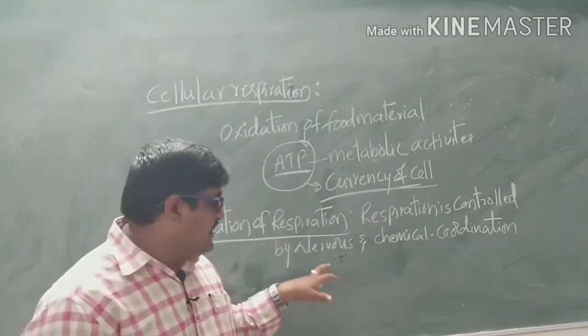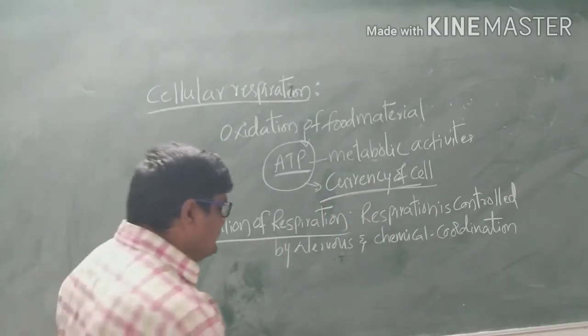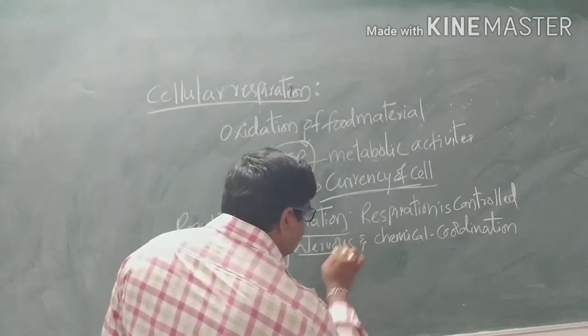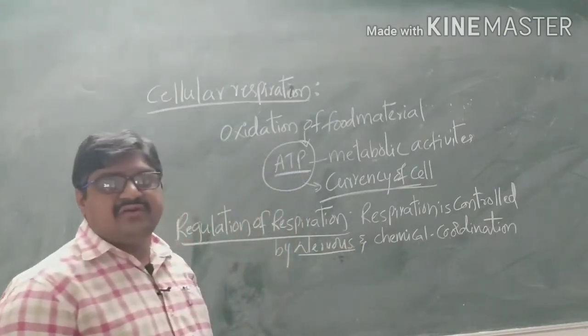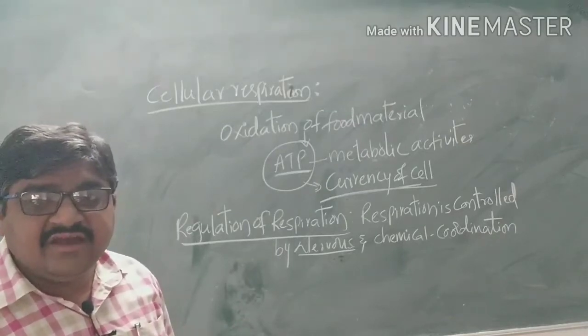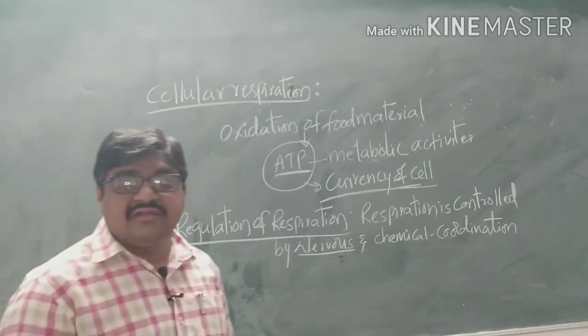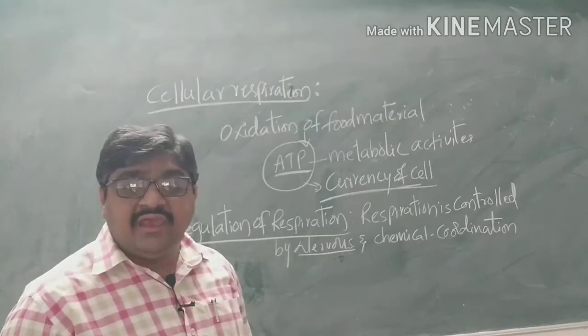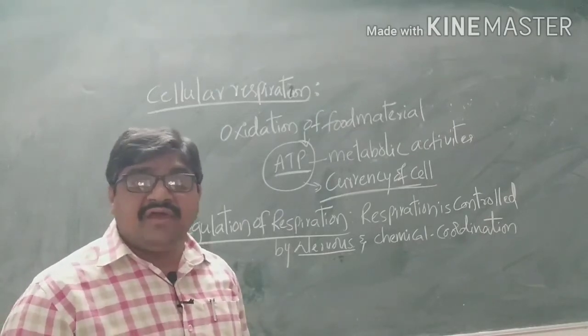And also in the nervous coordination, mainly two organs are present in the nervous system which are helpful for controlling respiration.